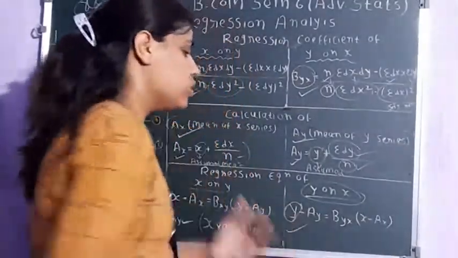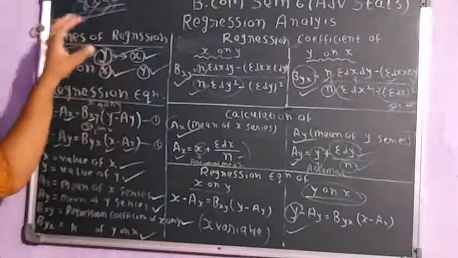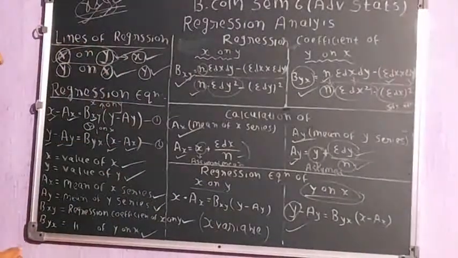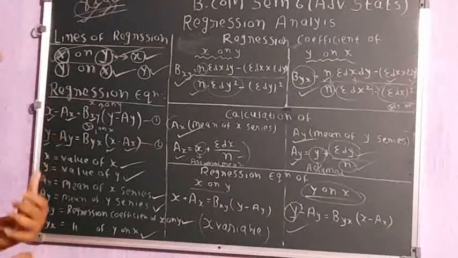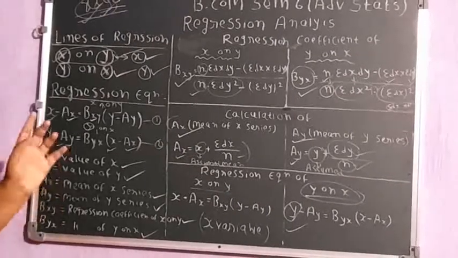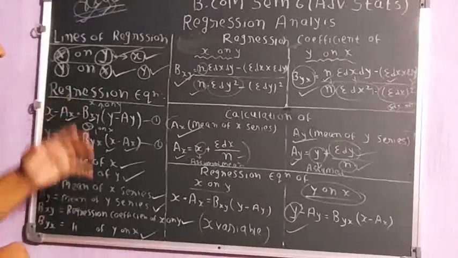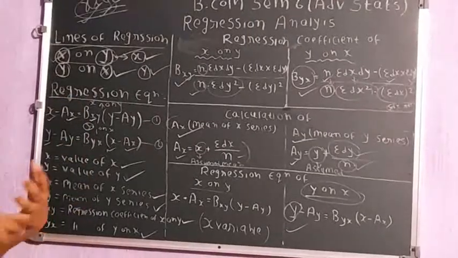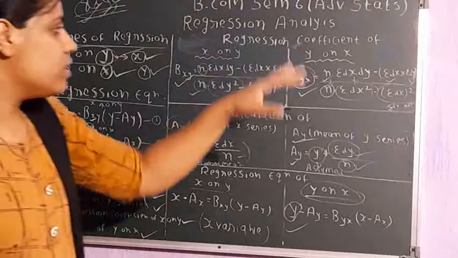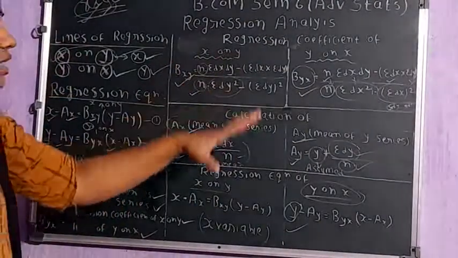So this way, there are two lines of regression and two regression equations. Regression equations are nothing but the algebraic expression of the line of regression, and to find them we use all these concepts and formulas.